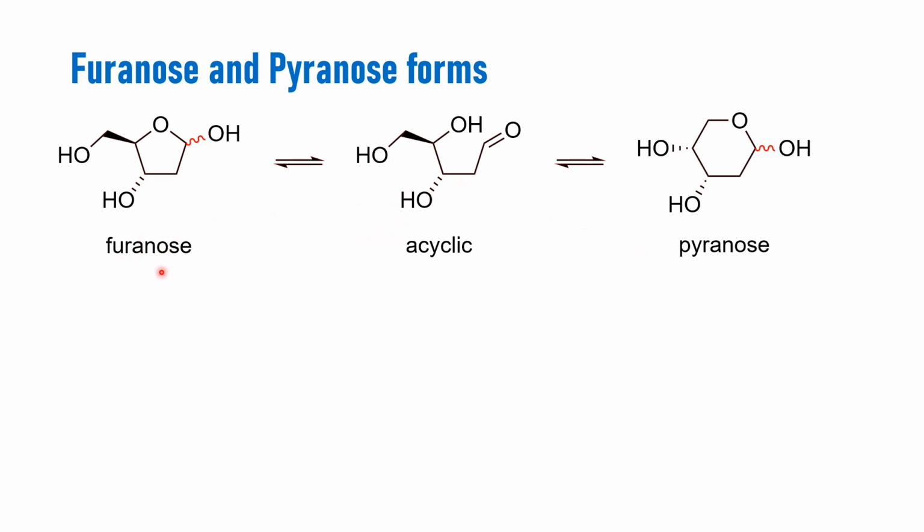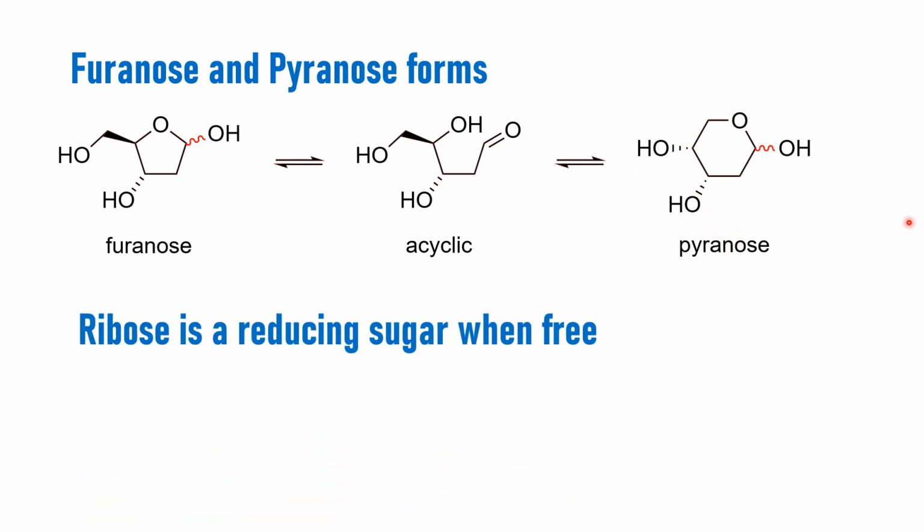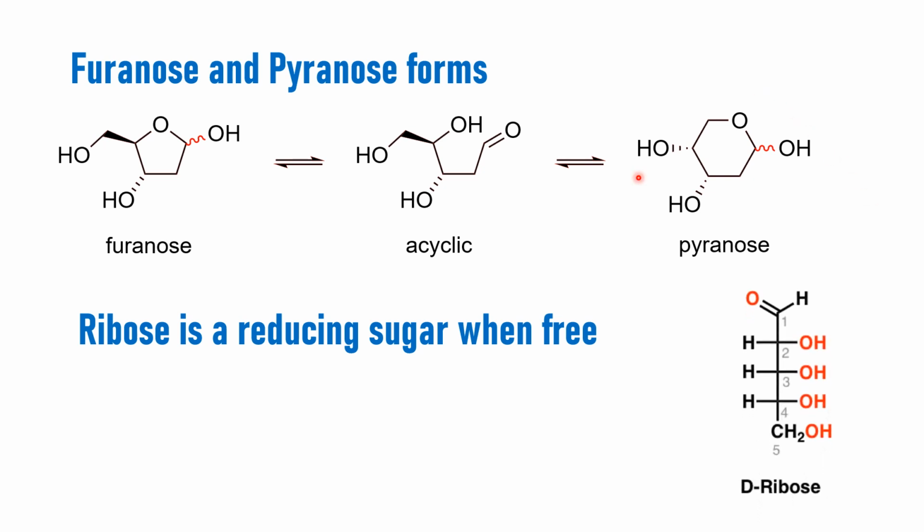One is called a furanose ring, which is a 5-membered ring structure. Another one is the pyranose ring, which is a 6-membered ring structure. Glucose is a carbohydrate which forms a 6-membered pyranose ring structure. Fructose is a ketone, so it will form a furanose ring structure or a 5-membered ring structure.